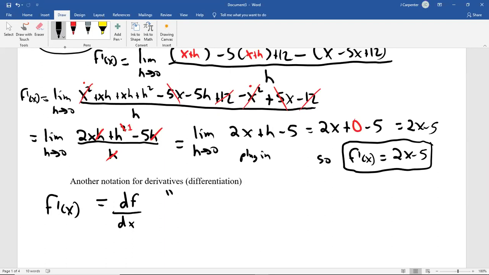This f prime of x, that's how you would read that one, is the same as saying df dx. I'm going to put a little dash, but you don't say the dash. I'm just saying df dx. Or in a more sentence-like version of it, the derivative of f with respect to x.